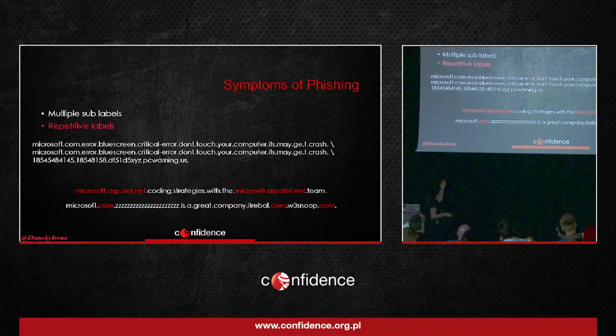Another example is Microsoft ASP.NET, something Microsoft ASP.NET.team. So we have the same sublabel or sequence of sublabels, and it is a phishing domain. Again, com appears multiple times in the bottom example. That shouldn't be happening. That's a really big symptom of something going wrong with that domain.